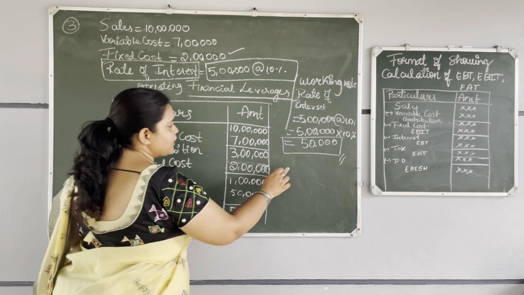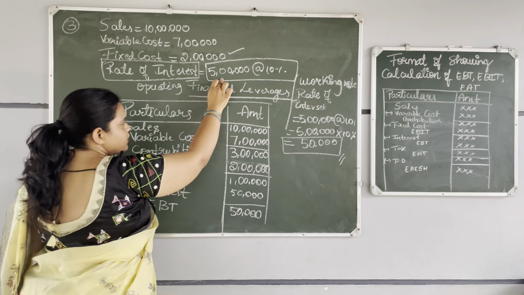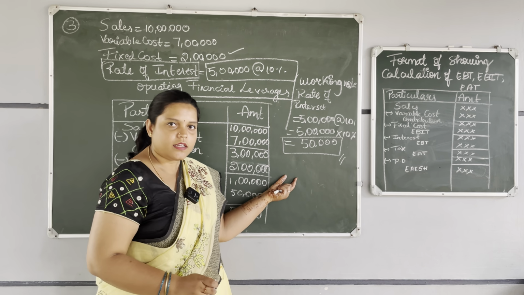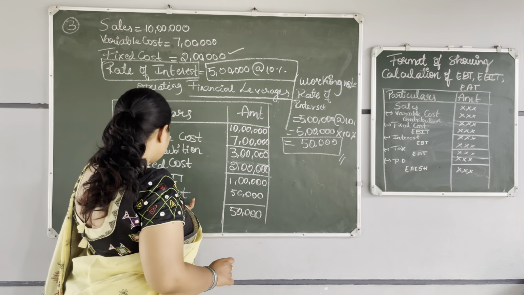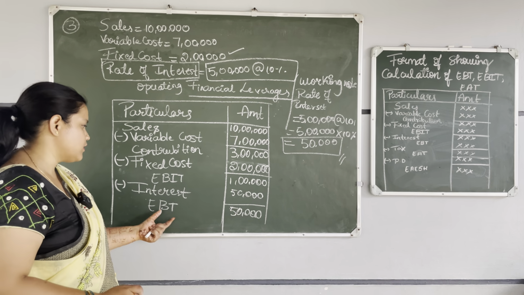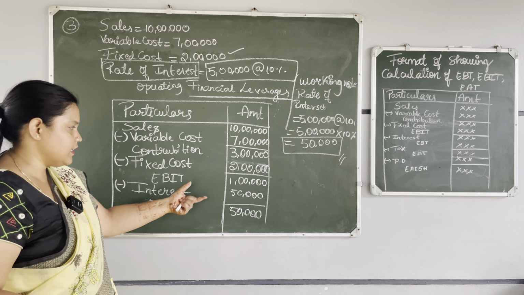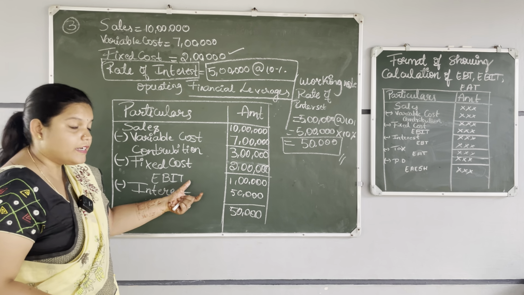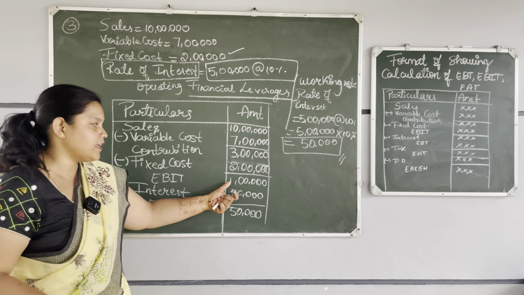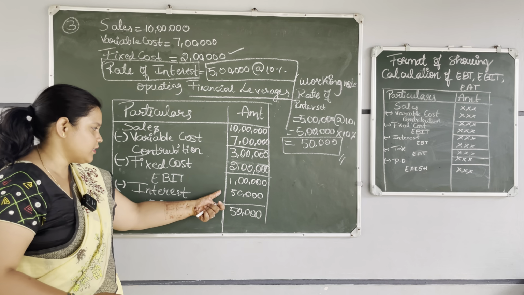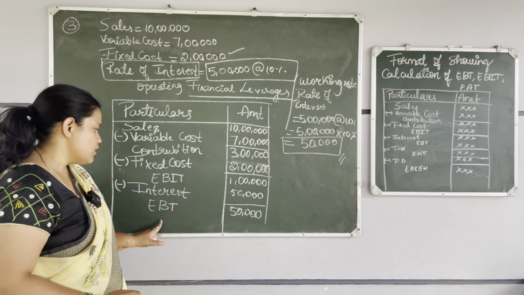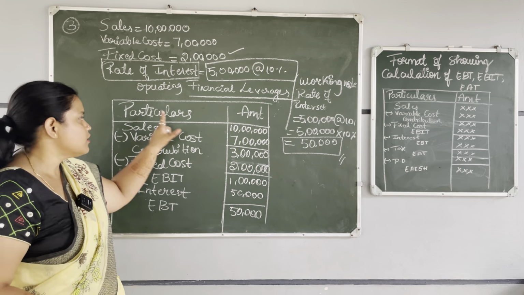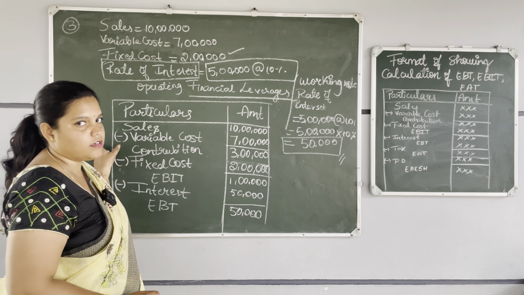For interest we have to take this 50,000 amount, not the 5 lakh, because we have already done the calculation of the interest. So interest is 50,000. EBIT is 1 lakh, so 1 lakh minus 50,000, we are getting EBT of 50,000. I think you have understood till here.